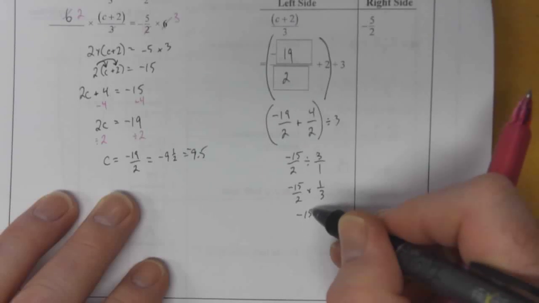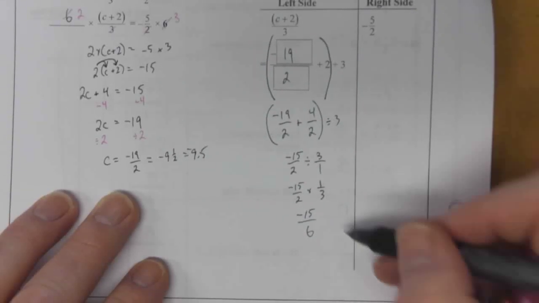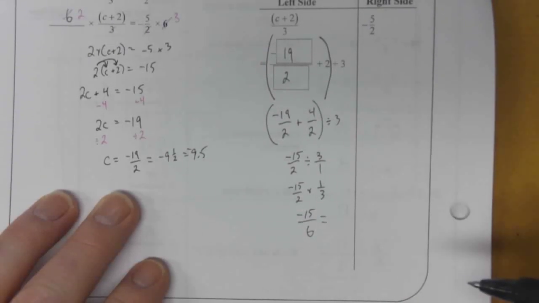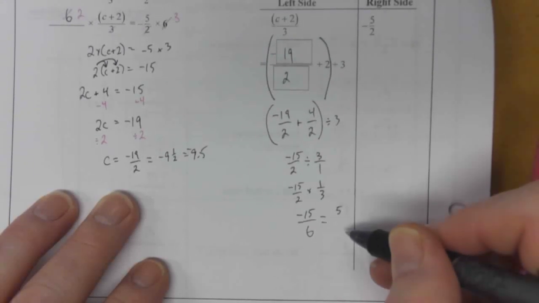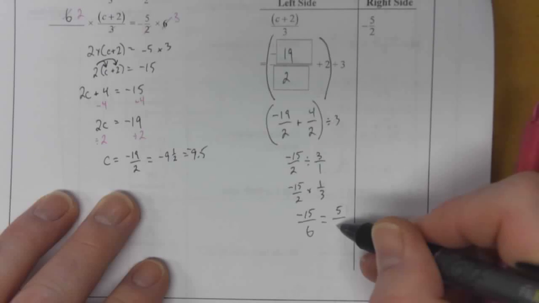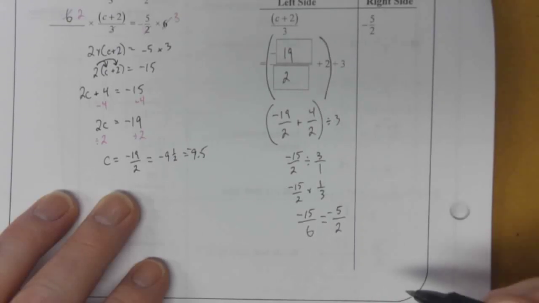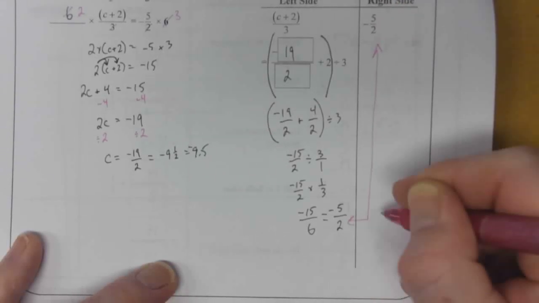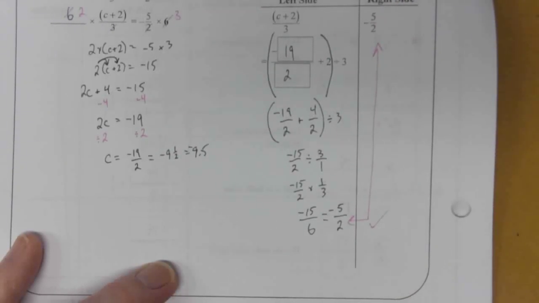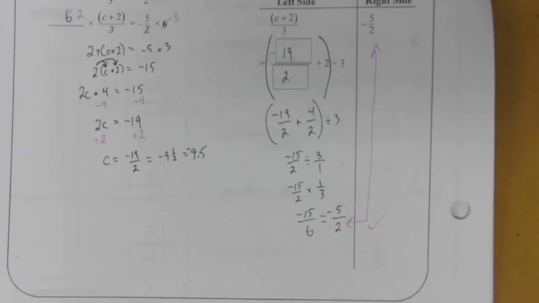That becomes negative 15 over 6, which top and bottom are both divisible by 3. 15 divided by 3 is 5, 6 divided by 3 is 2, and it's negative. And so then I see that my left side and my right side match. We're good. And that means that my answer of negative 19 over 2 or negative 9.5 is correct. So that's the show you know.